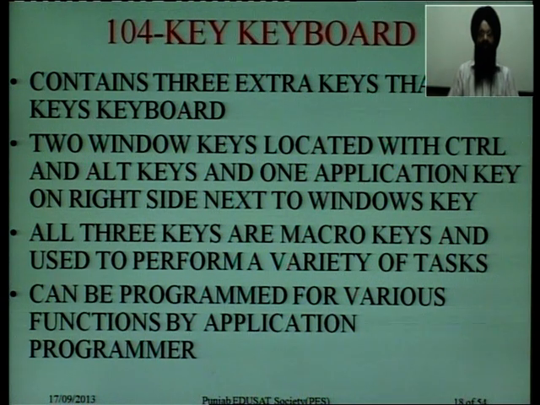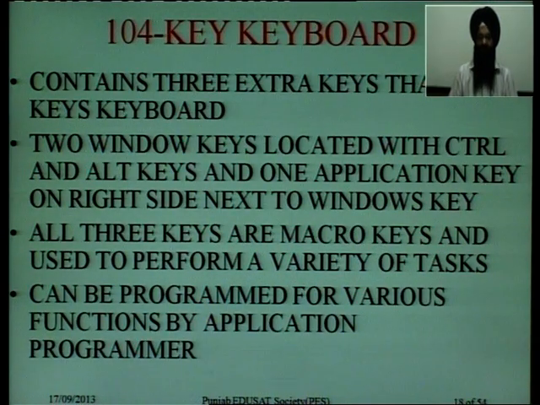Then another enhanced version is the 104 key keyboard. It contains 3 extra keys compared to the 101 key keyboard. It has 2 window keys located next to the control and alt keys, and 1 application key on the right side next to the window key. The window key is used for a variety of programs.